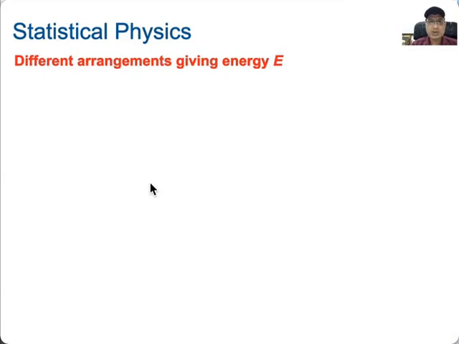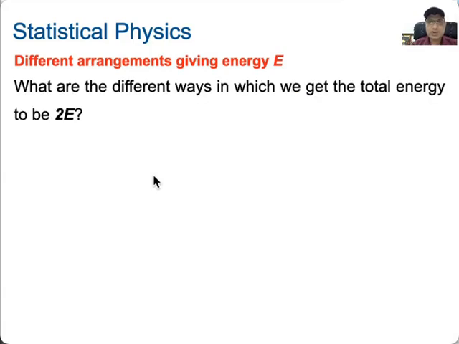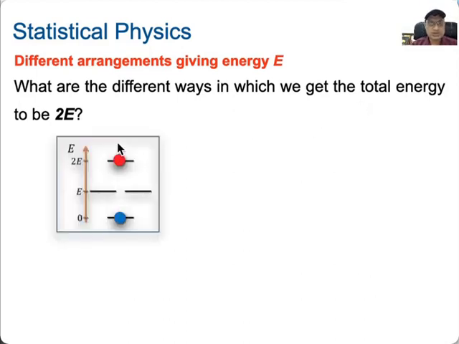Let me make different arrangements of the two particles for a given energy. What are the different ways in which we get the total energy of the two particles to be 2E in this configuration? So this is one condition: I can have one particle with 0 and another particle with energy 2E. I'm going to use two different colors, and in the beginning I'm going to consider classical particles which are distinguishable.